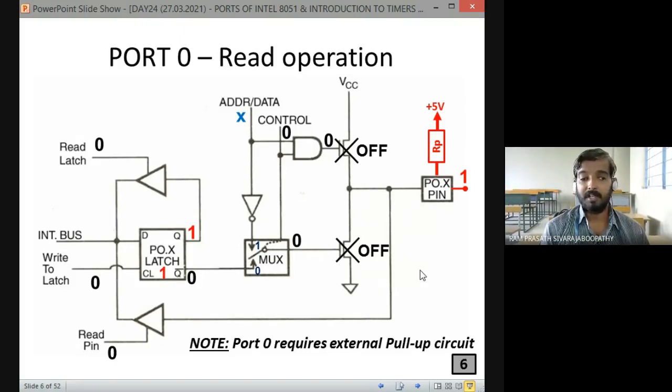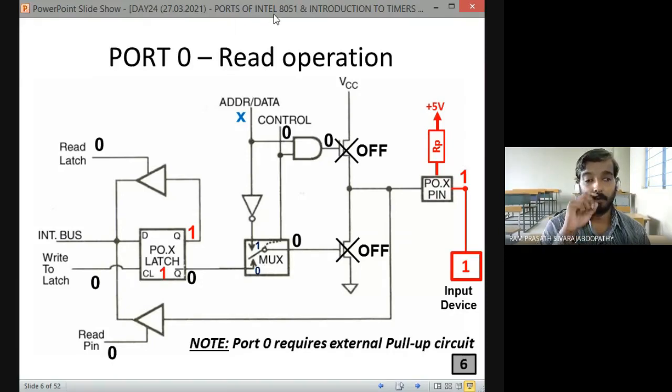For example, if you connect an input device with logic 1, already your port pin is at logic 1, 5 volt only. You are also applying 5 volt. If I want to read this particular port pin, which instruction do we have to use?